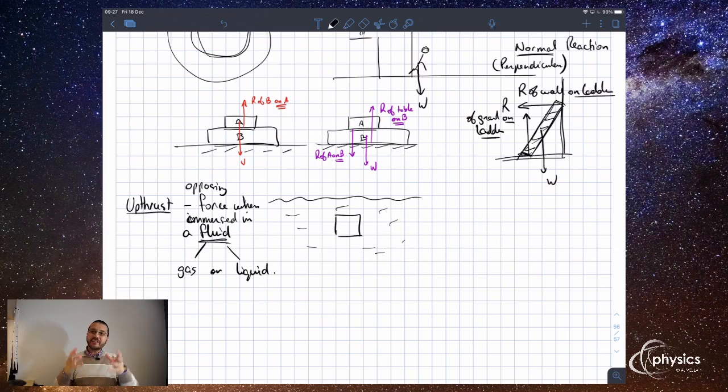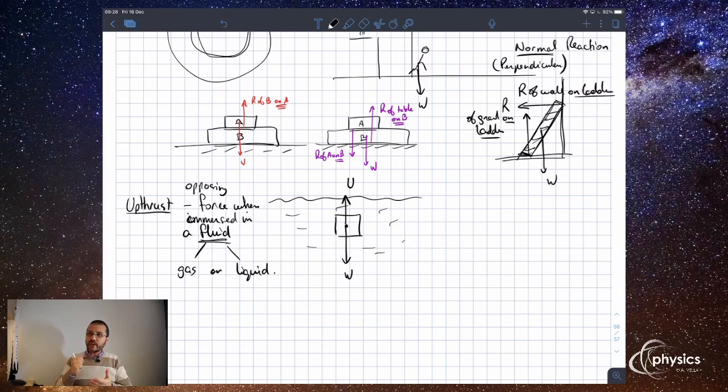But it is still acting against the particles of the fluid. And therefore the particles of the fluid will push back the object using the upthrust. So this object will have the weight, and in this case the upthrust. It's called the upthrust because it's always pointing upwards. Upthrust is always pointing upwards, always.